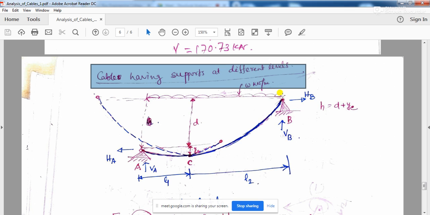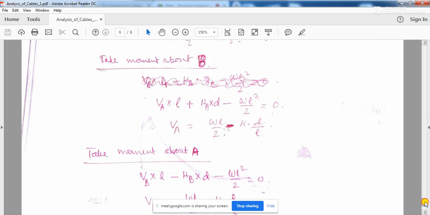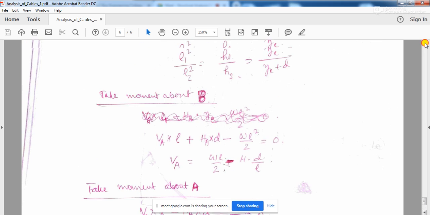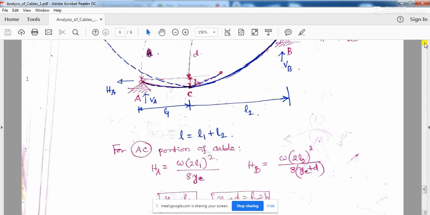When the cables are supported at different levels, the formulation of finding the tension will be a little bit different. Conceptually it will remain the same. Only the finding of the horizontal component of force and vertical component of force will change a little bit. That we will discuss afterwards.